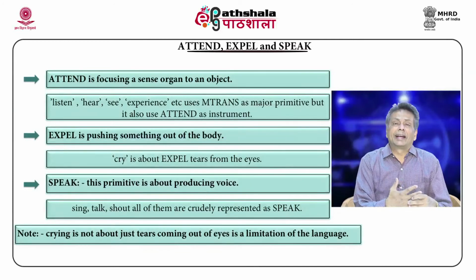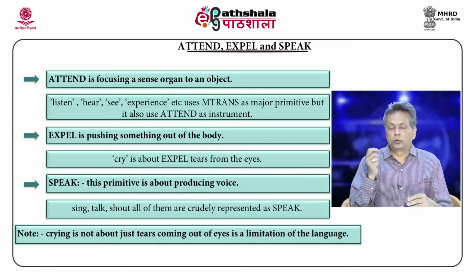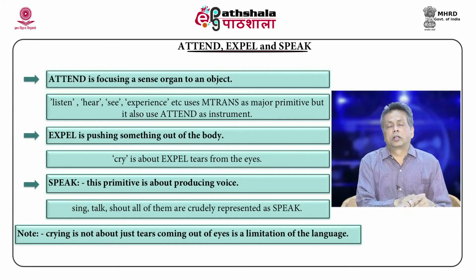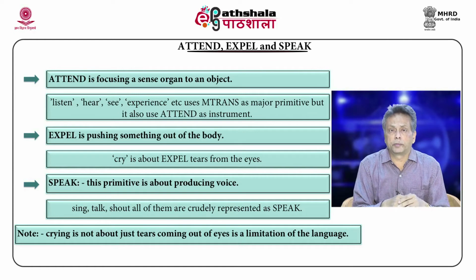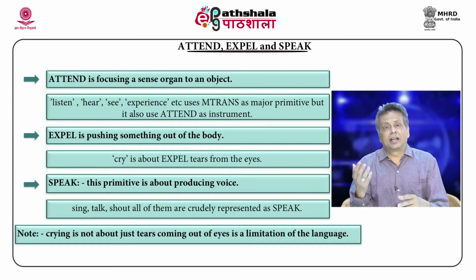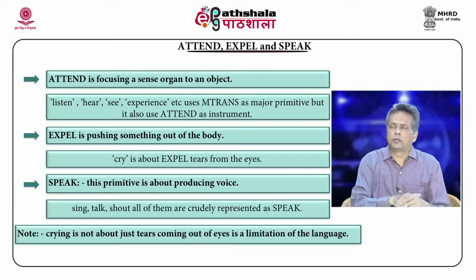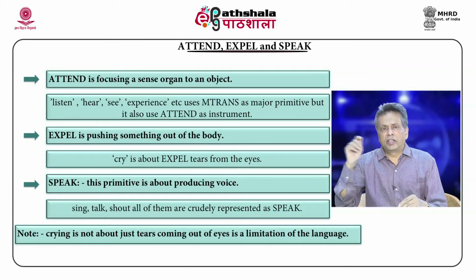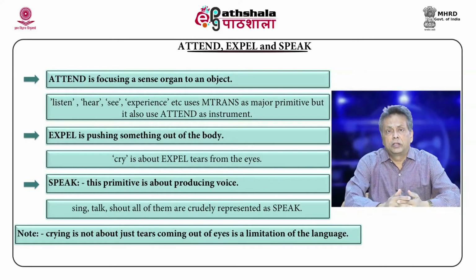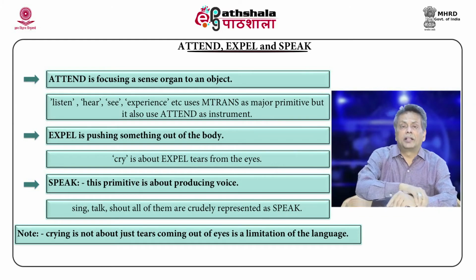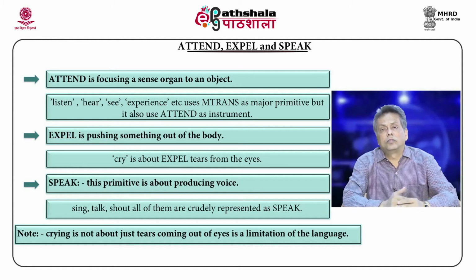One more is called attend. Now, when you focus your sensing organ on something, for example, when I am reading, I am focusing my eyes on the newspaper, or when I am listening, I am focusing my ear on the other party's words. For example, I am viewing a cricket match, so I am attending my eyes to the match.